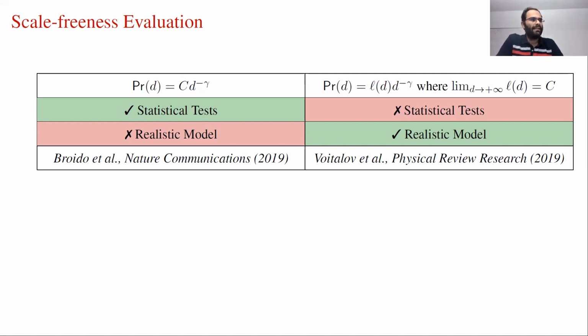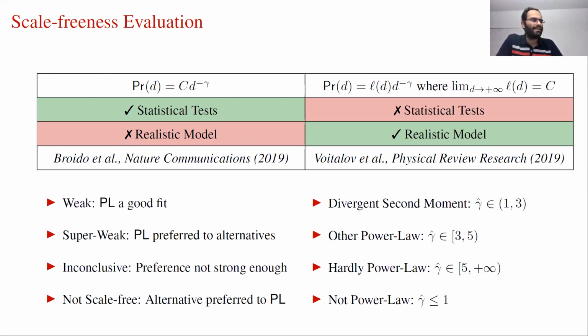So if we look at the non-empty classes of scale-freeness that we had in our collection, subject to each of these methods, in the method of Broido, we have the class of weak scale-free graphs, which are basically those for which the pure power law distribution is a good fit.